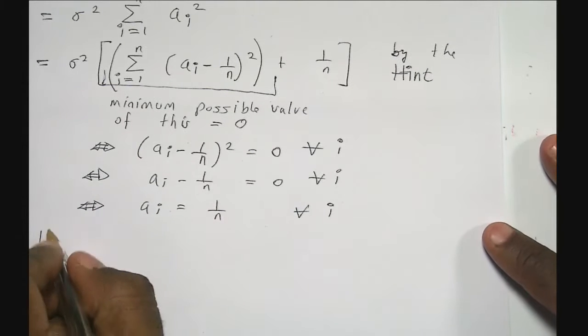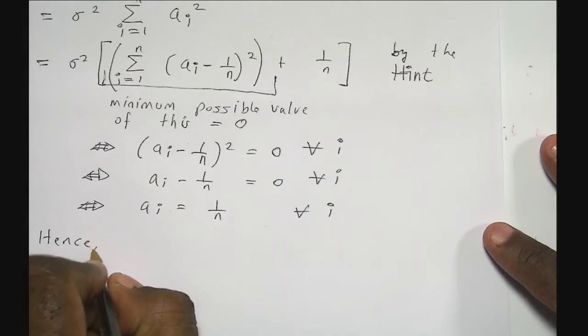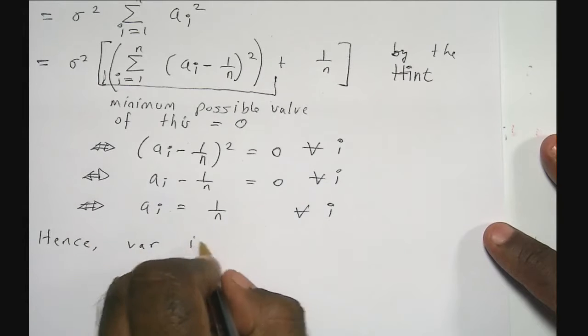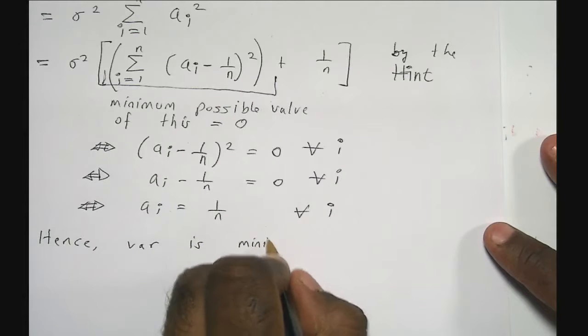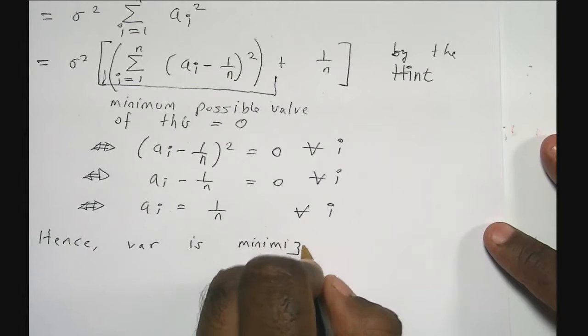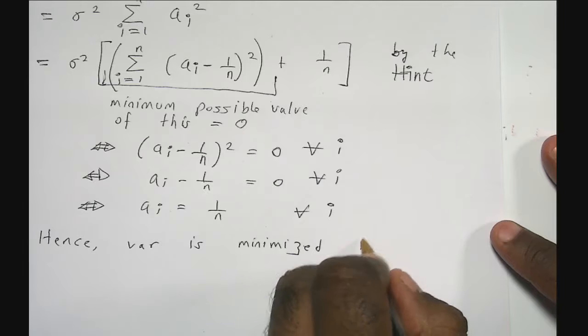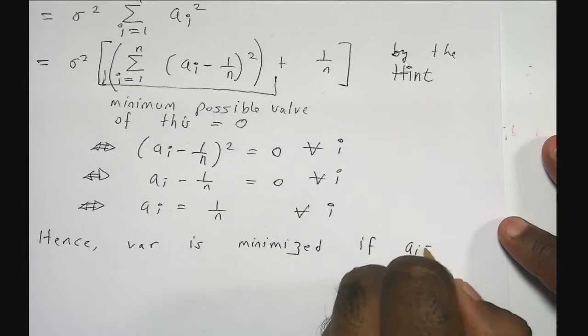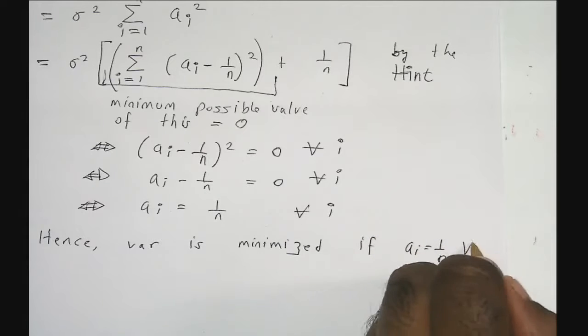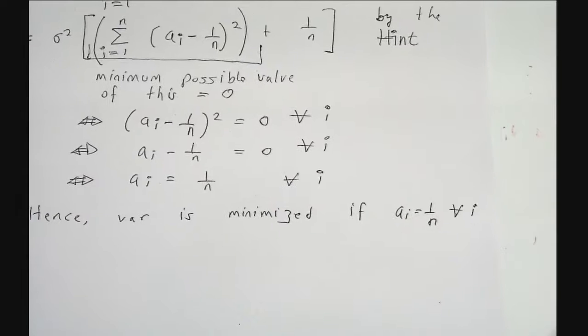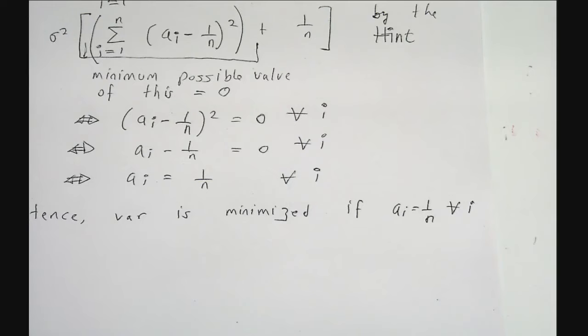Hence, the variance is minimized if ai is equal to 1 over n for every i. Is that clear, guys? That's what you were asked to show.